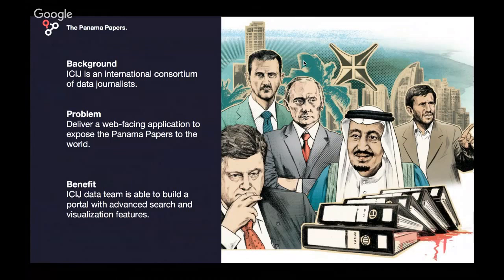Using that website, anyone right now can search the data and also visualize the connections between companies, directors, and the various individuals involved in the Panama Papers. I do recommend that you visit it if you want to find something new about your country or about the Panama Papers. So that's the first use case.